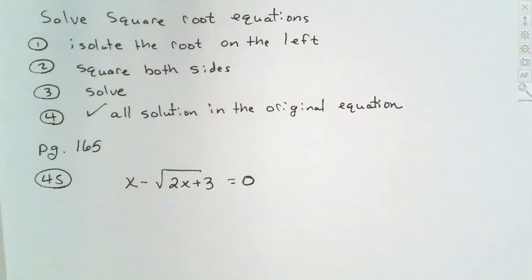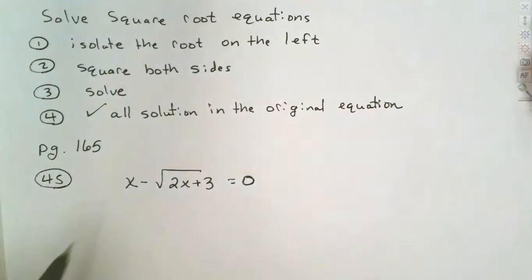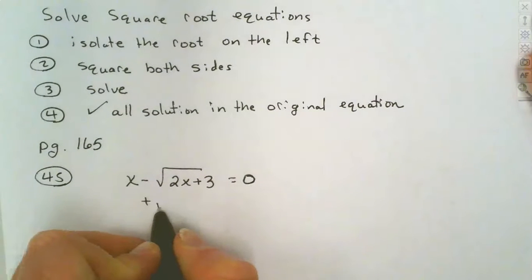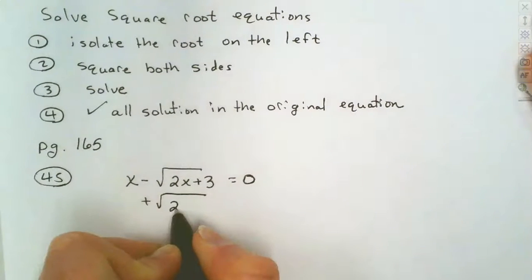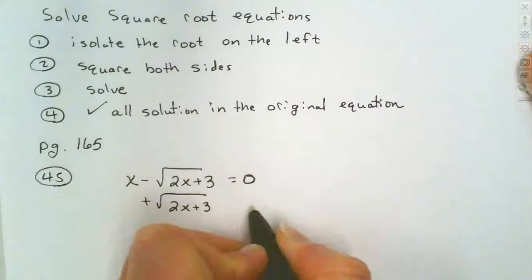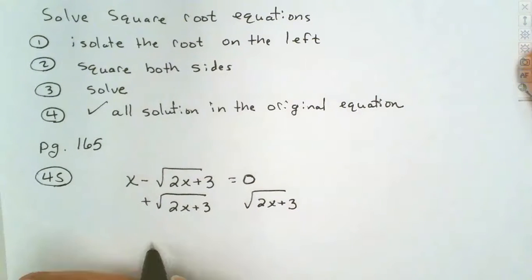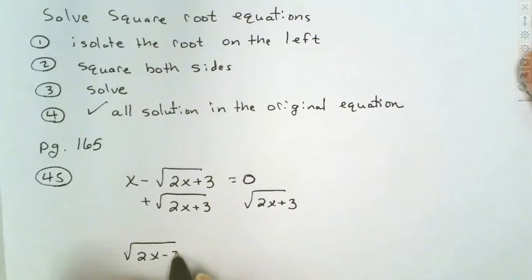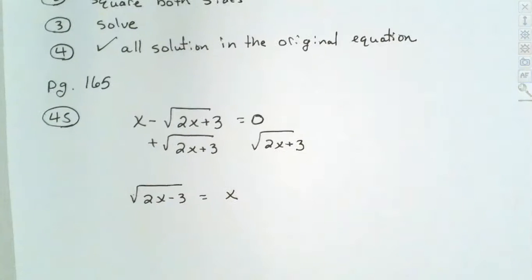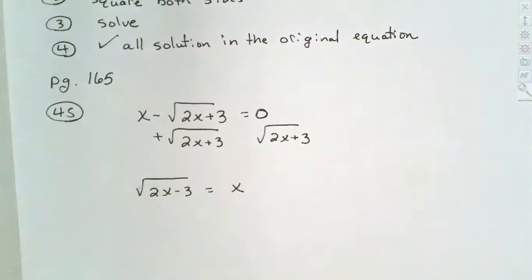We would have to square both sides. So I'm going to just go ahead and move this square root of 2x plus 3 over. And then I'm going to rewrite it so that my square root is on the left. So now we've got it moved over.